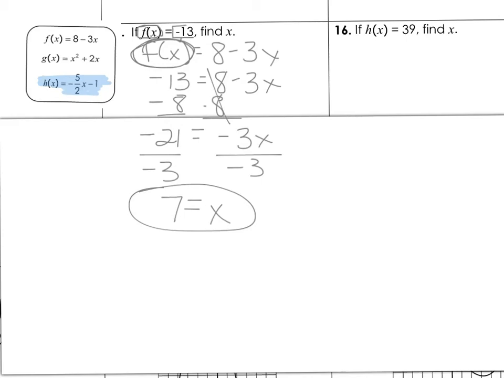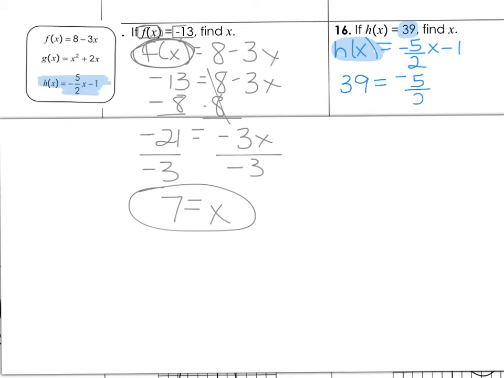And I'm going to copy that over here. So h of x equals -5/2 x minus 1. Now, h of x is equal to 39. So I'm going to replace the entire h of x with the 39.